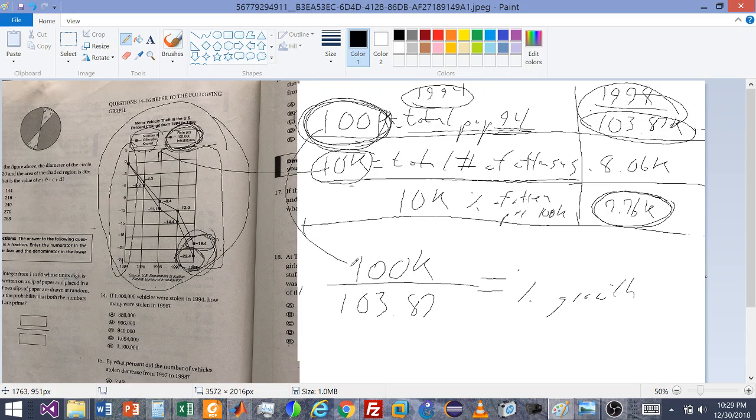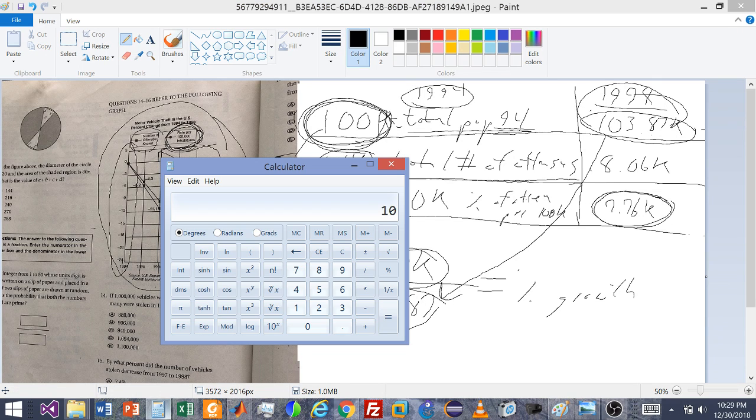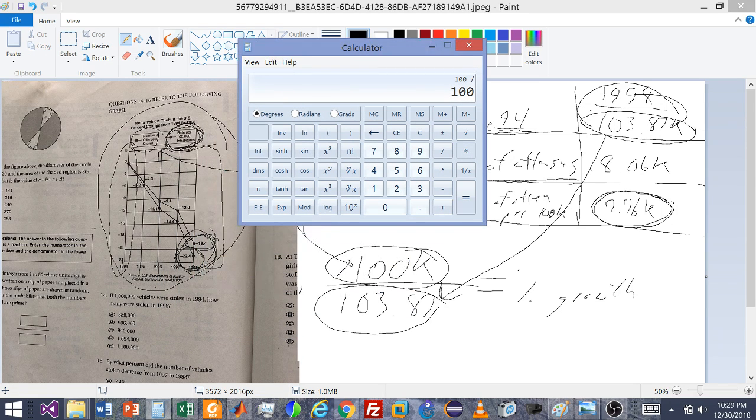This was the initial population we plugged in, a simplifying assumption to make this problem more doable than using just algebra terms. And then here's the calculated new population based on the original assumed population. So I'm just going to take 100,000 divided by 103.87 thousand.